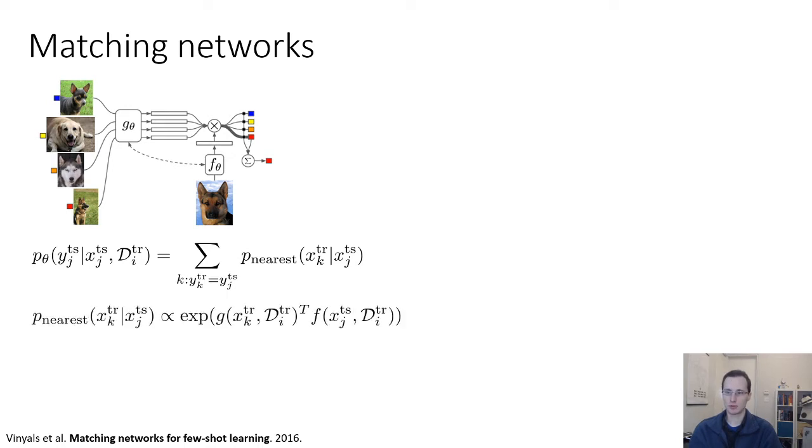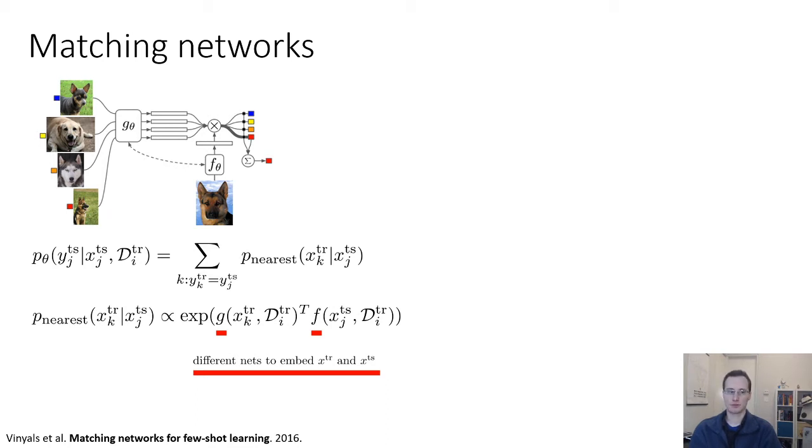So in matching networks, instead of taking phi of xk train transpose phi of xj test, they have two different functions, g and f. So instead of one function phi, they have two functions g and f. And both of those functions are meta-trained. So they have different networks to embed xtrain and xtest. G embeds xtrain and f embeds xtest.